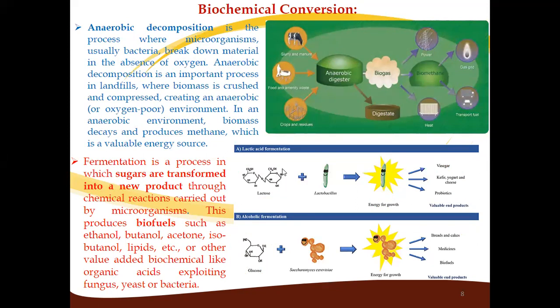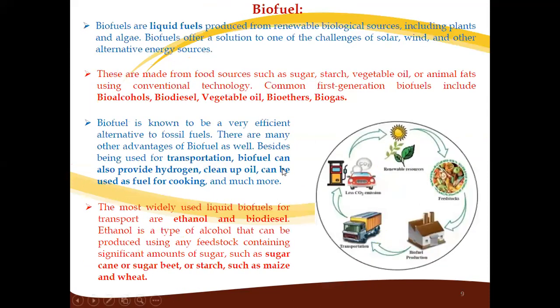Now we have the next conversion method, that is biofuel. Biofuels are liquid fuels that are produced from renewable biological sources, including plants and algae. Biofuels offer a solution to one of the challenges of solar, wind, and other alternative energy sources.